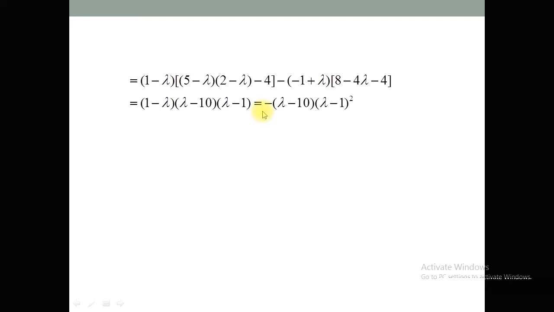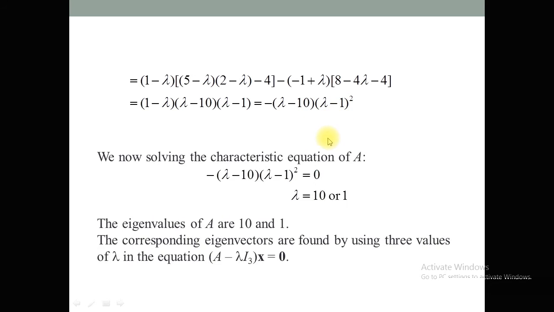After further simplification we obtain minus (lambda minus 10)(lambda minus 1) whole square. So solving the characteristic equation of matrix A, minus (lambda minus 10)(lambda minus 1) whole square is equal to 0.